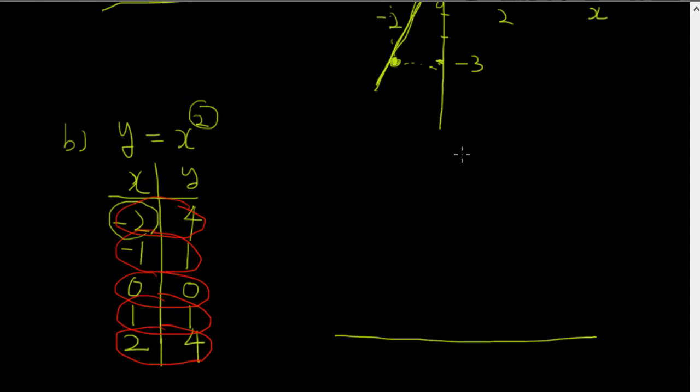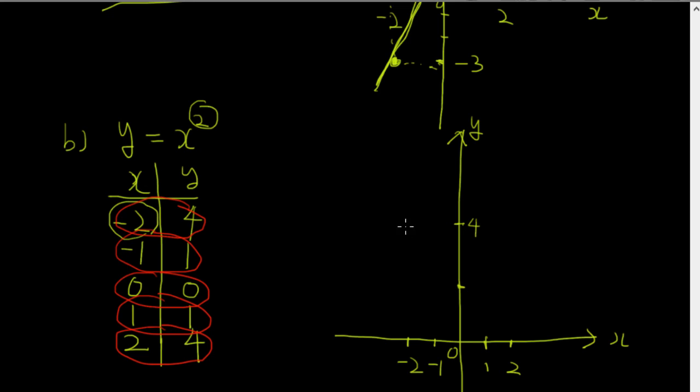Okay, so let's try to graph this. This is y, this is x. So -2, -1, 0, 1, and 2. When x equals -2, y is going to be 4, so it'll be 2 and 4.